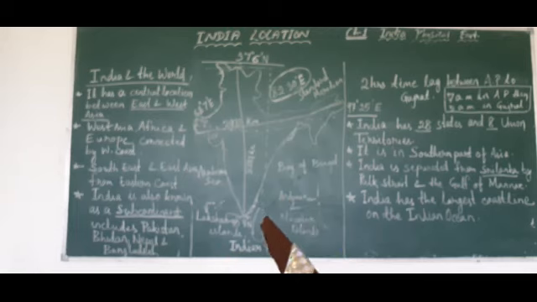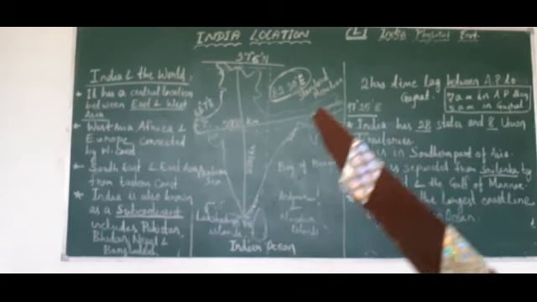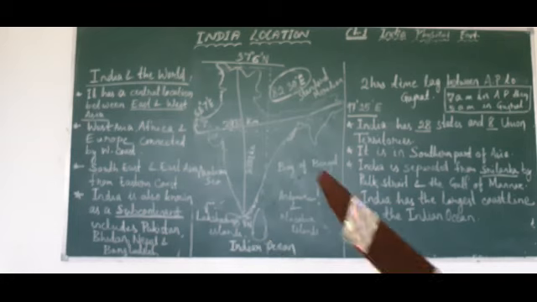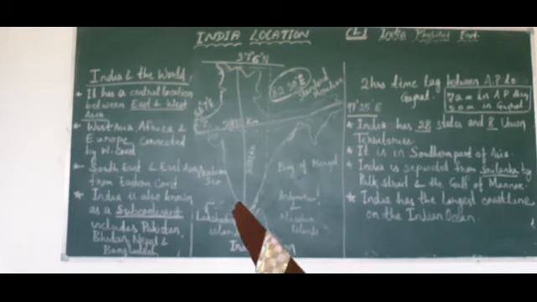It is separated from India by Palk Strait and Gulf of Mannar. And India has the largest coastline in the Indian Ocean.